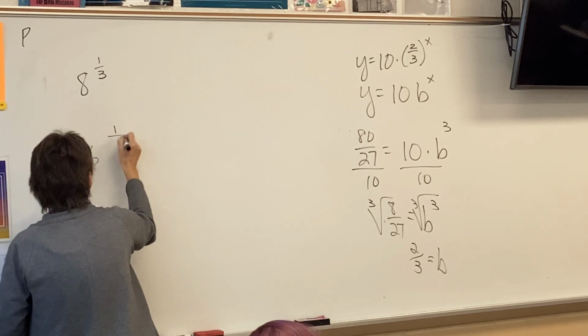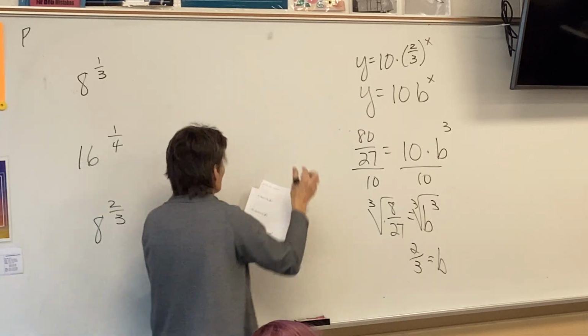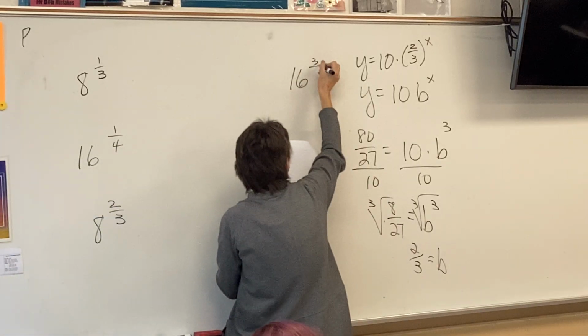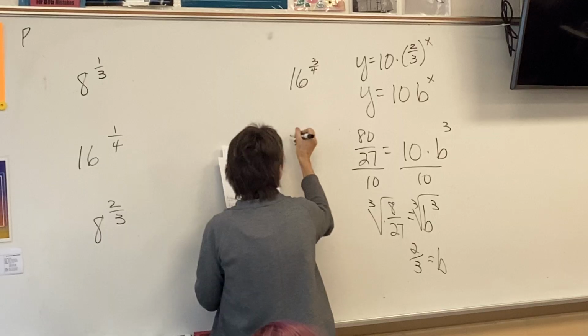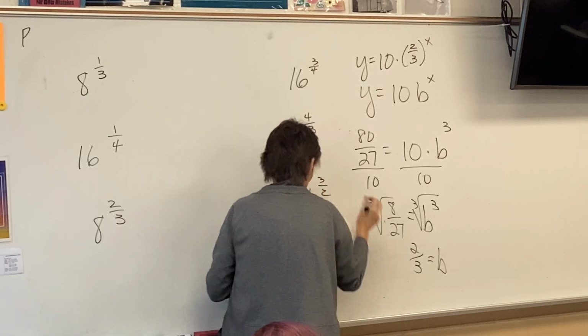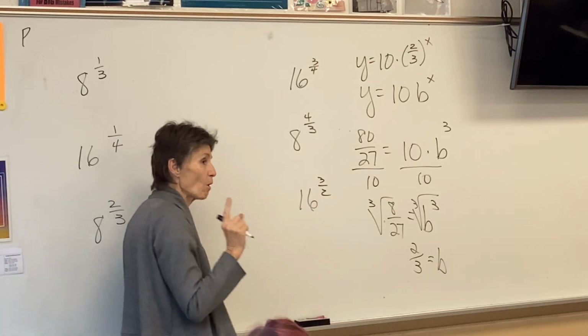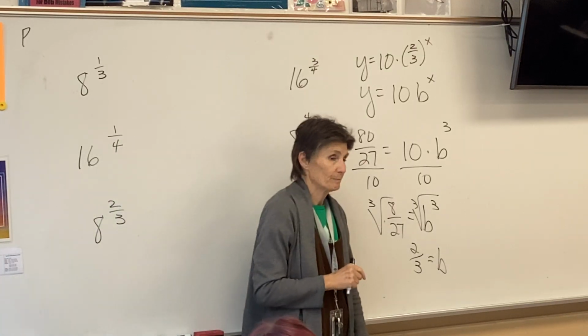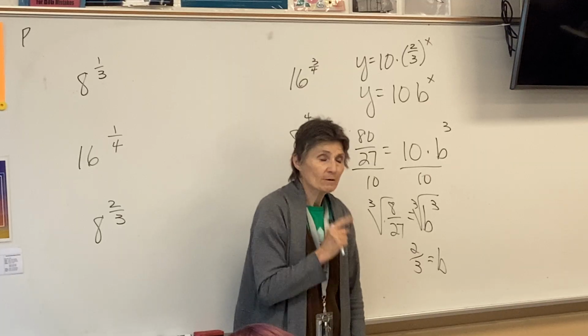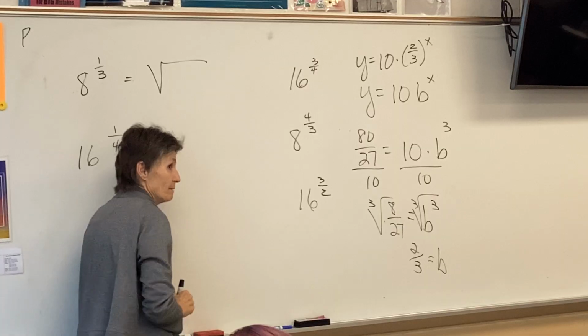So, let me start by giving you a piece of information that is crucial. When you see a fractional exponent, the very first thing I want you to do is write a radical sign.